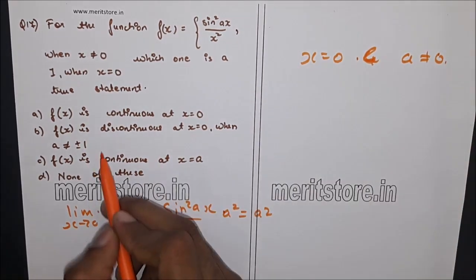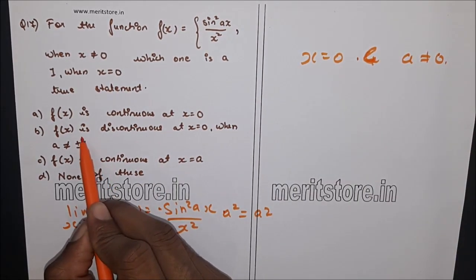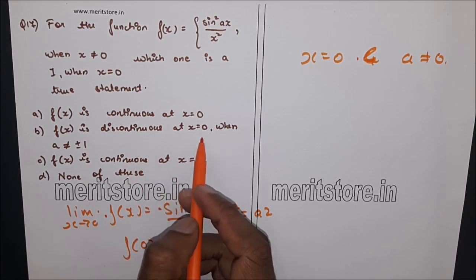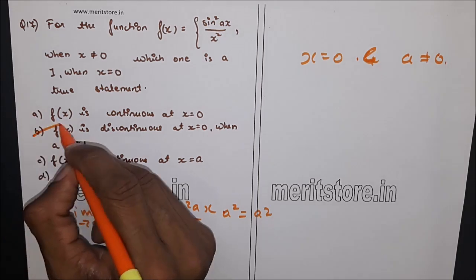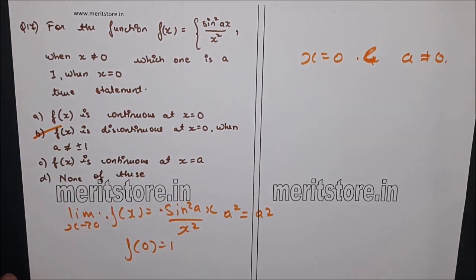Therefore if we see option B, f of x is discontinuous at x is equal to 0 when a is not equal to plus minus of 1. Therefore option B is the correct answer.